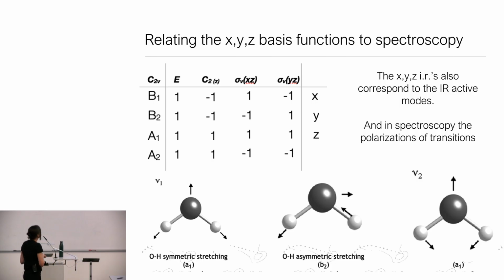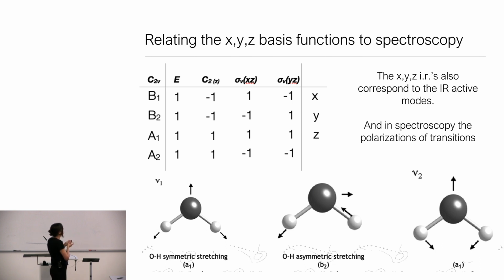And I guess the other important point I wanted to make is that these transformations that we show in the character table, this isn't just how the px, py, pz orbitals transform, but these irreps correspond to dipole allowed transitions, right? The dipole operator transforms as x, y, and z. And so when you get to your vibrational spectroscopy, that is where this is actually coming from.